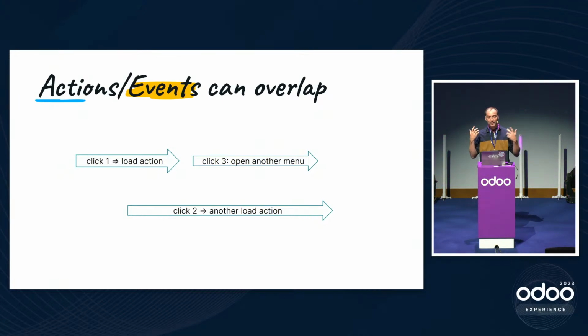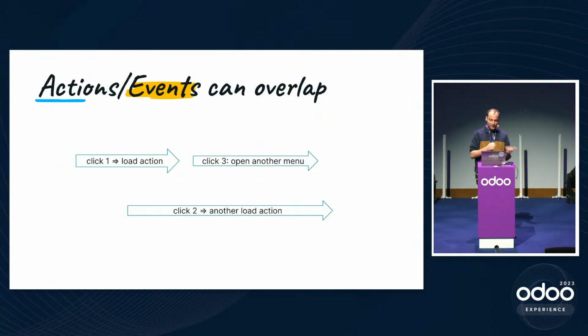That's the way you need to think about them. And they may come in a different order. So in this case, if your code is badly written, it could happen that the second action will be displayed instead of the last action. One possible way is to try to serialize all those requests. But if you do that, you will see the first action, then the second, and then the last one. And maybe it's wasted work.